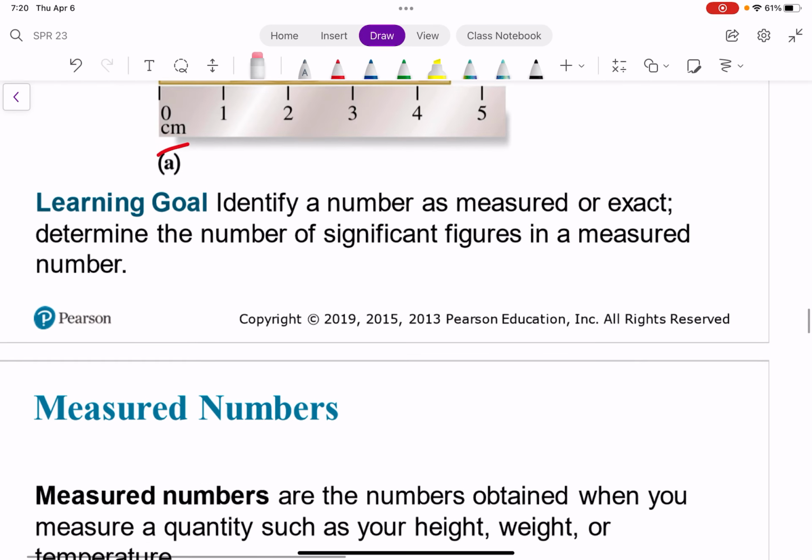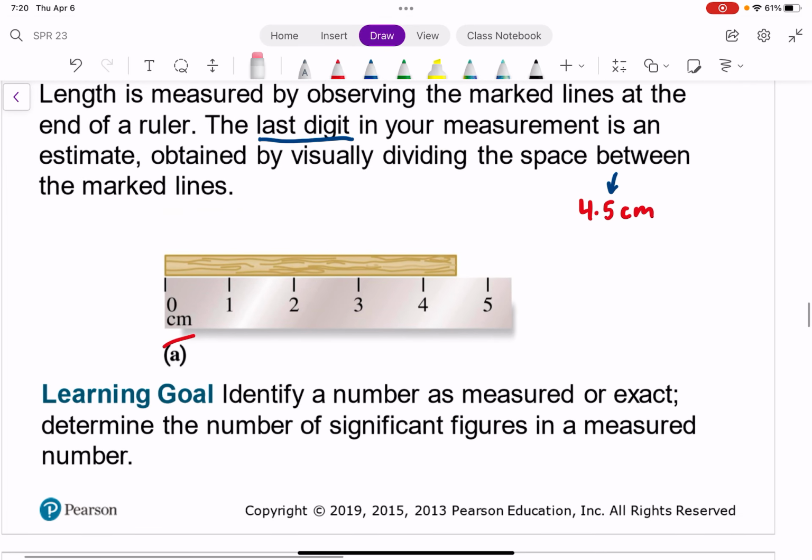So today the goal is to be able to identify if a number is measured or exact. Exact numbers are numbers that don't have any degree of estimation to them. They're exact, they're known. Measured values are things like this, where you're measuring something.